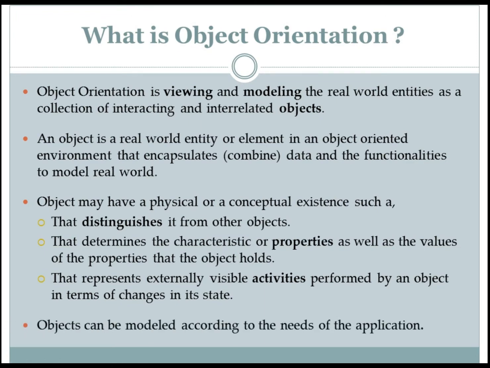So we can say an object can be modeled according to the needs of the application, and that is what requirement analysis is all about. As per the requirement, whatever kind of application is required by the end user, according to that requirement, object modeling can change.